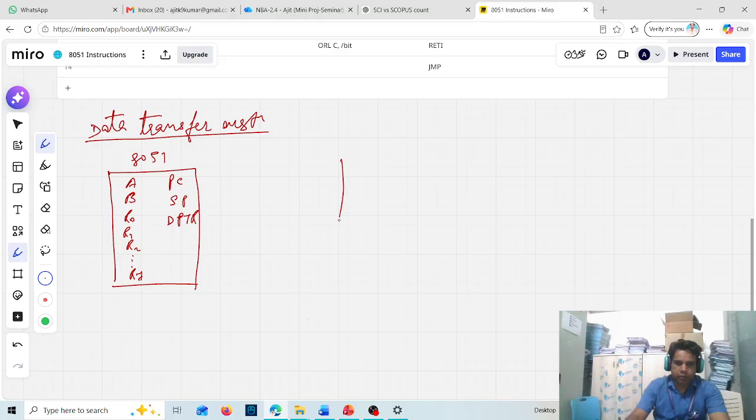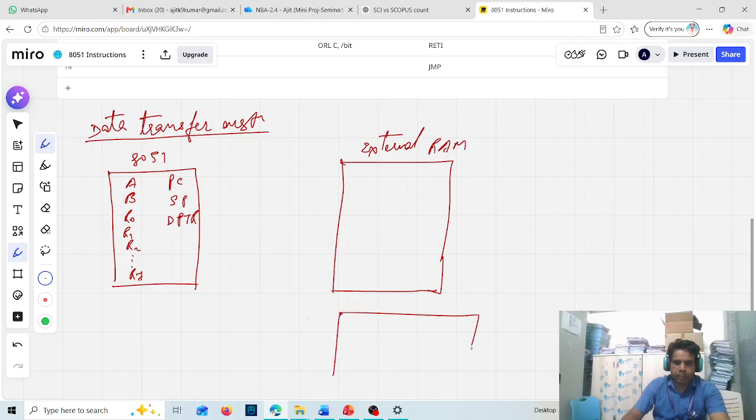Now we also know that there are two types of external memory chip, called external RAM and external ROM. These external RAMs and ROMs are also used to store data. So data transfer means we can transfer the data from the 8051 microcontroller to external RAM, or from external RAM to the 8051 microcontroller.